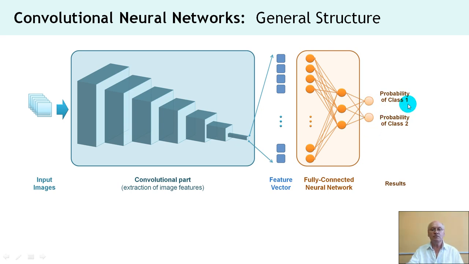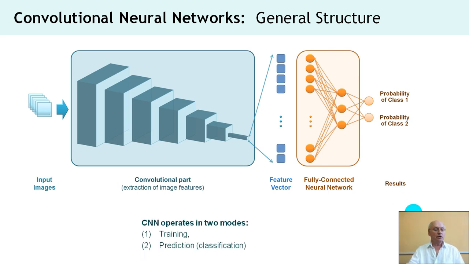Traditionally, this is tradition. The number of output neurons corresponds to the number of classes into which we want to put the image. So in this pictogram, I used just two classes. On the input we have an image, on the output we have the class it belongs to. That's the result of the whole convolutional neural network.